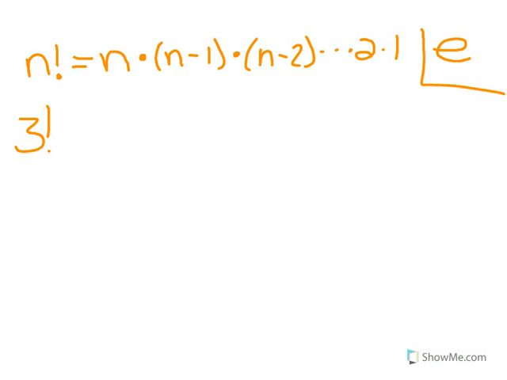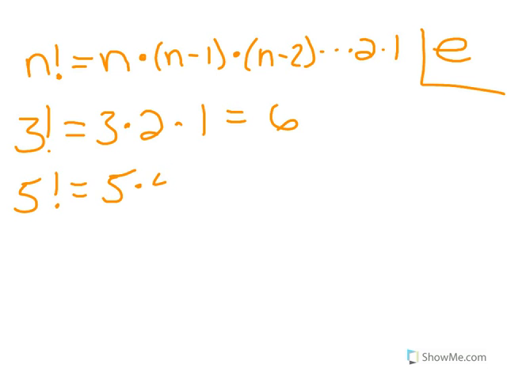Example, 3 factorial. Take 3, and then 2, and then 1. Multiply and you get 6. 5 factorial: 5 times 4 times 3 times 2 times 1, which is 20, 60, 120, I think.